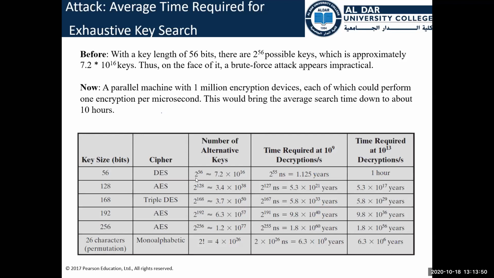Maybe you forget about chapter 2, not chapter 1, chapter 2 about Caesar cipher. We tried all possible keys, which was very simple, which is the number of alphabets, 26. We tried 26 different trials. This is brute force.